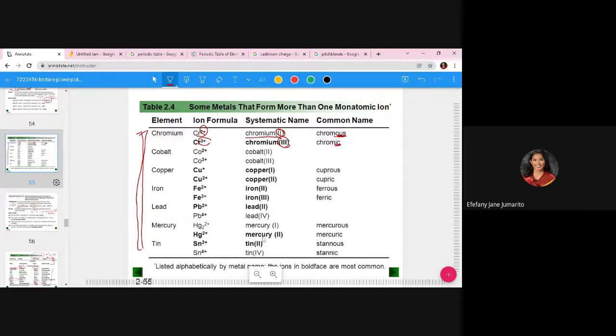Just like mercury 1, mercurous, and mercury 2, mercuric. The Roman numerals are their charges. For example, iron 3 is iron 3 plus. Cobalt 2 is cobalt 2 plus. For common names, we have ferrous for the lower charge and ferric for the higher charge. So just be familiar with this, especially if we have a quiz or exam on naming.